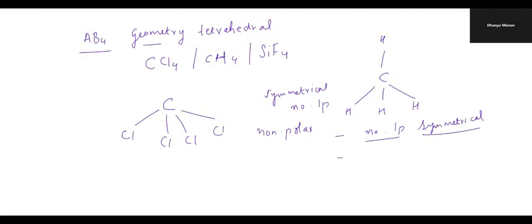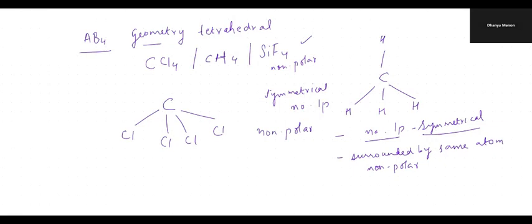There is no lone pair. It is symmetrical and surrounded by the same atoms, so directly it is non-polar. Same is the case of SiF4, which is also non-polar. Same conditions apply: no lone pair, symmetrical, and surrounded by the same kind of atom.